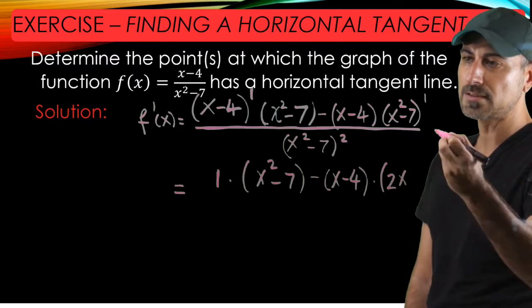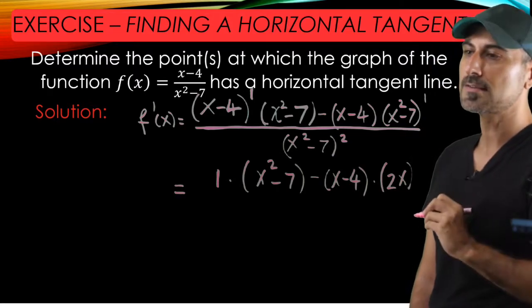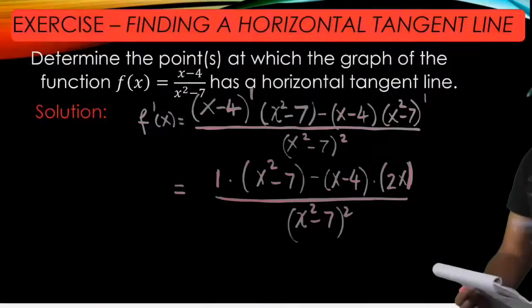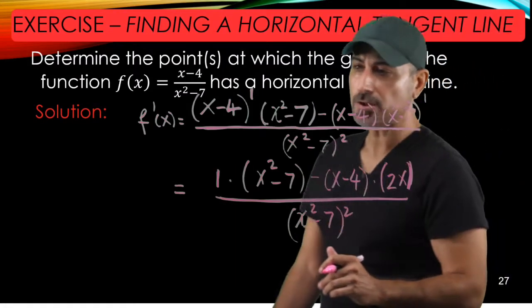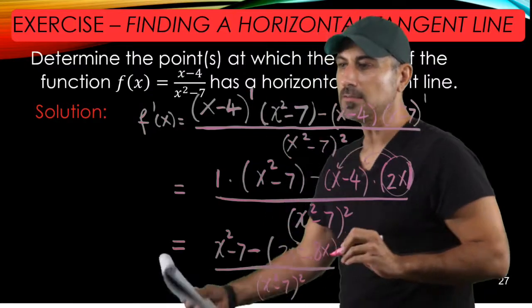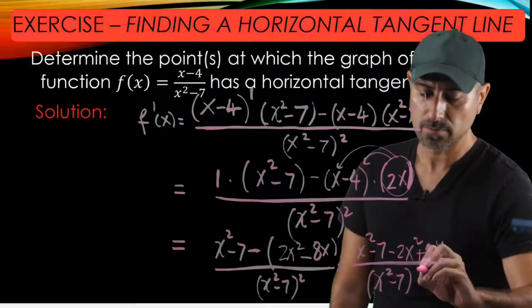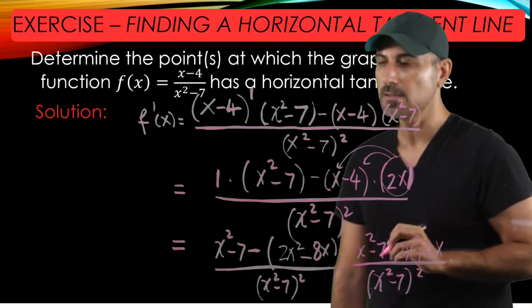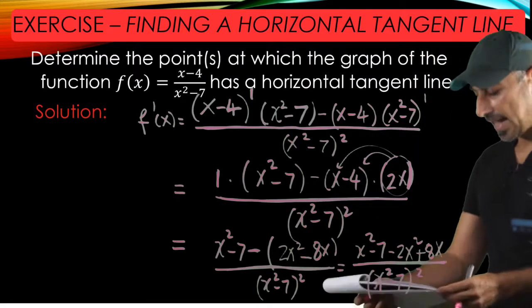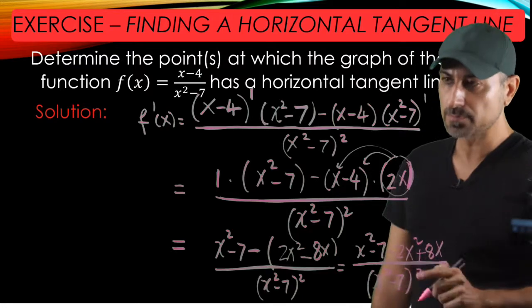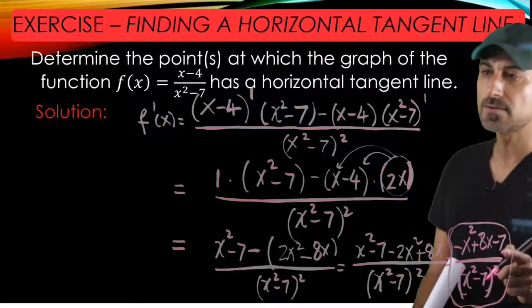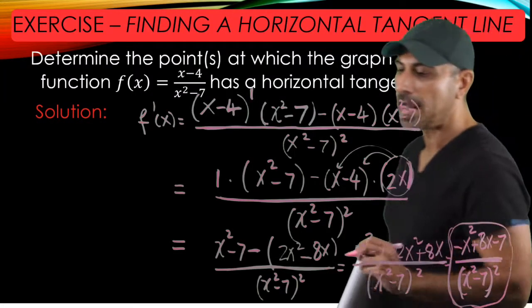So 2x minus 0 is just 2x. Now let's simplify this expression, with the bottom quantity squared. So now let's expand everything out. As you see, the top simplifies. So this is the derivative of f.